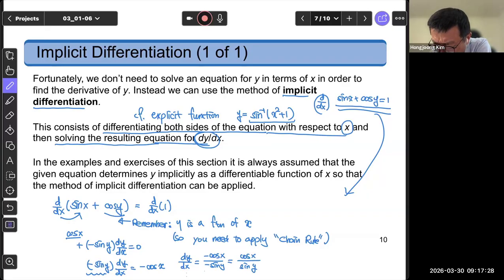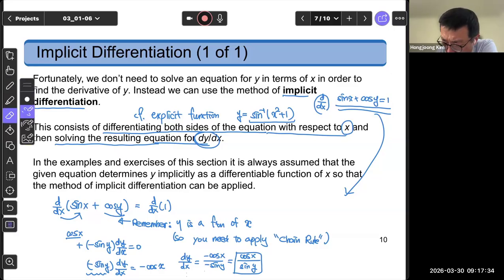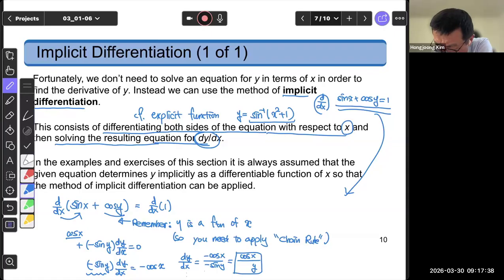So that is the instantaneous rate of change of this function y with respect to x. That's an example of implicit differentiation.